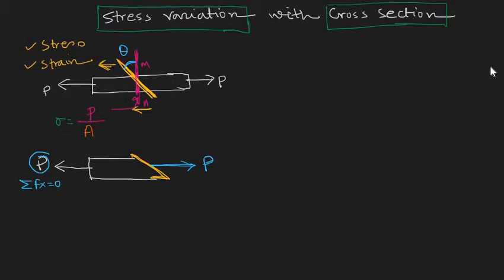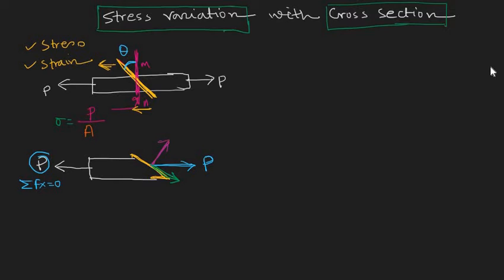Now if we resolve this P in two parts, first one is normal to this plane, and second one is tangential to this plane.